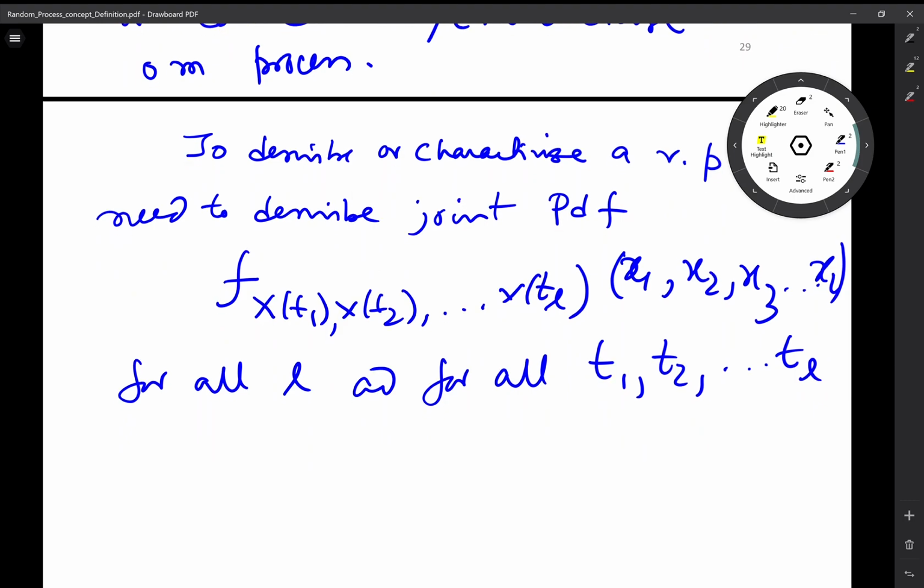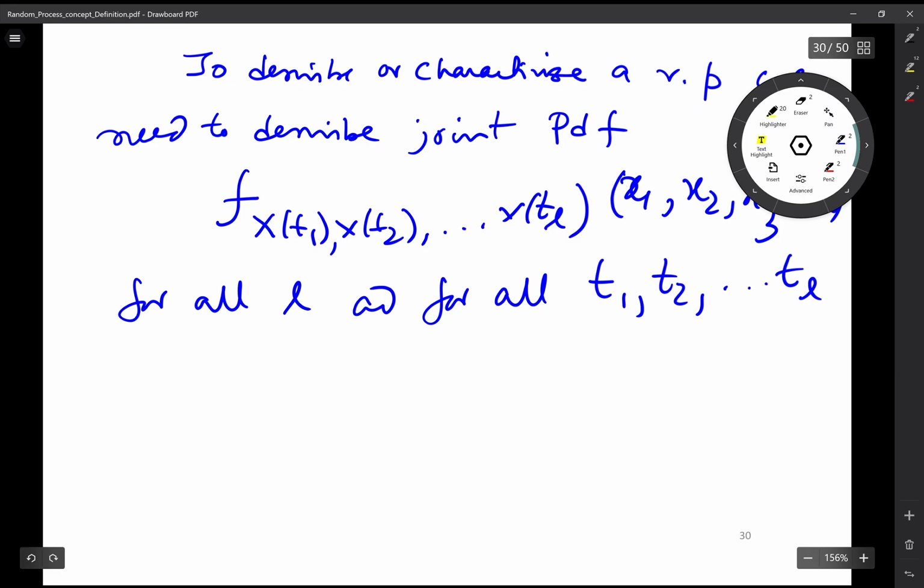Now you see that the description of this is very cumbersome, because we need to know any joint distribution among any number of time points.